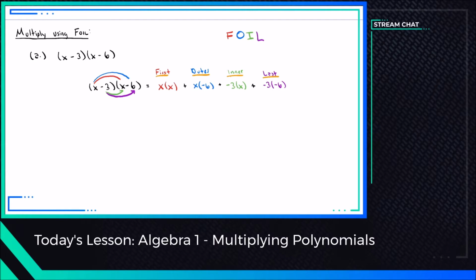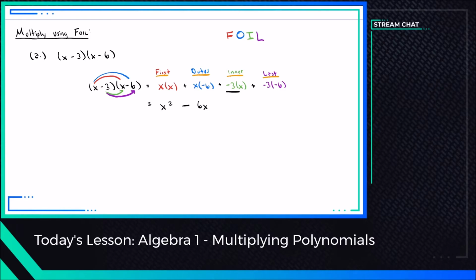And so now that's going to equal, well, x multiplied by an x is an x squared. X multiplied by a negative 6 is going to be a negative 6x. Right? So we can get rid of this plus sign here and just write a negative 6x, because this negative is going to turn that whole thing into a negative.